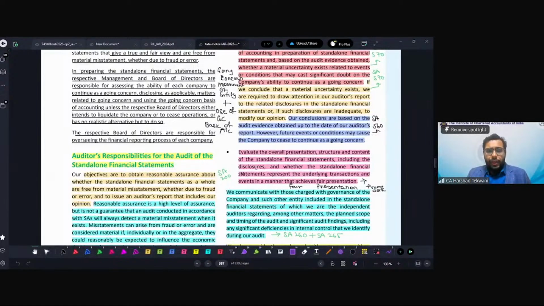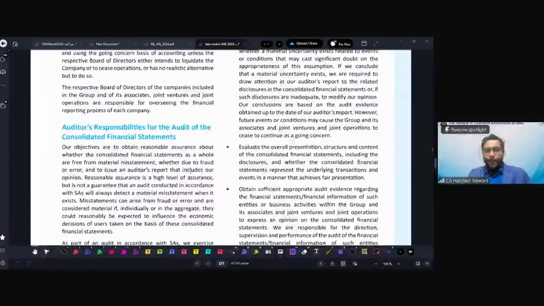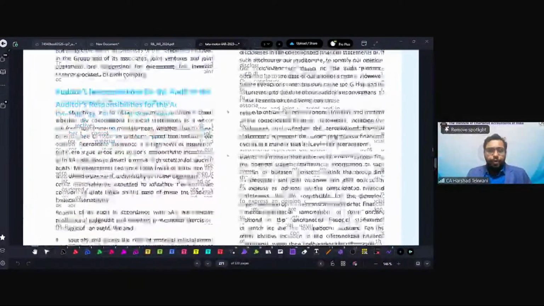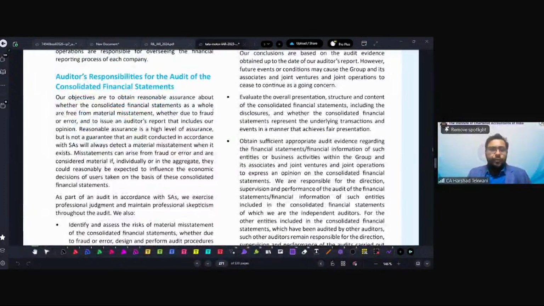I'll just go quickly on the consolidated financial statement and we will discuss that. Okay. See over here. So this is the auditor's responsibility with respect to the consolidated financial statement. Now here, again, this part is similar to what we have already discussed.